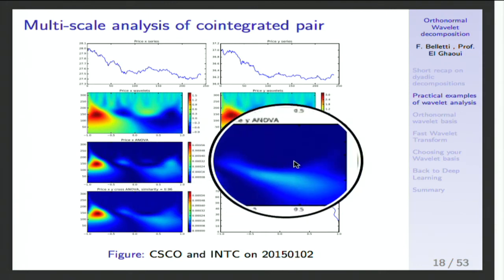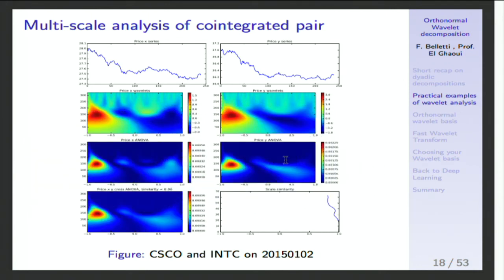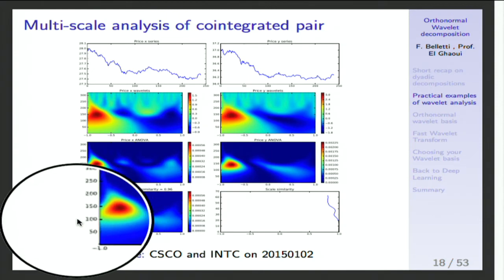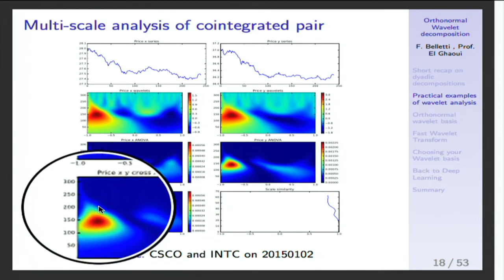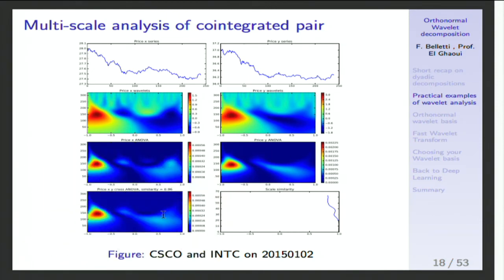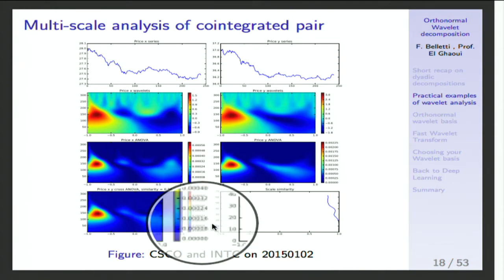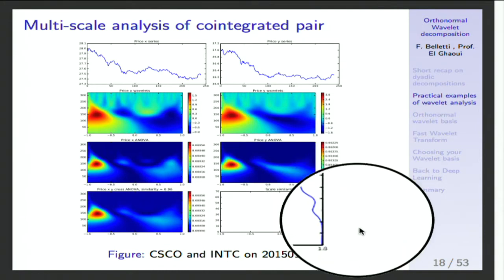Same thing for y. So these are the variances. So they are the variations of x against the variations of x. On the right, I have the variations of y against the variations of y. And then I can compute a cross variation, so covariation of x and y, which looks like this. Okay? So now I have this decomposition across scale and across time. I can collapse the time dimension and compute a characteristic correlation at each scale, which looks like that.